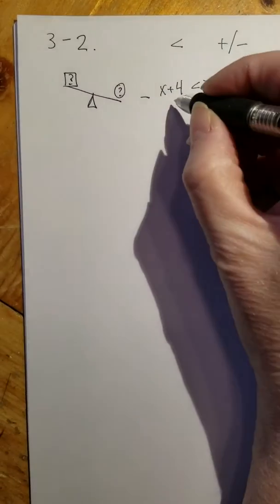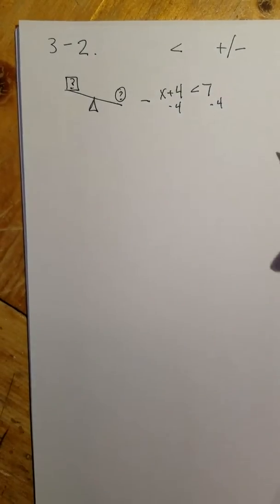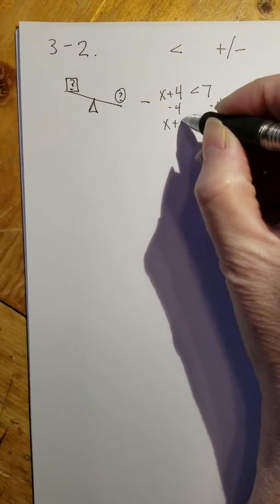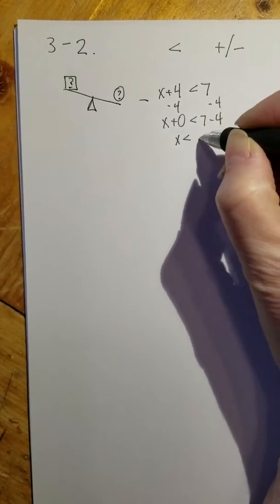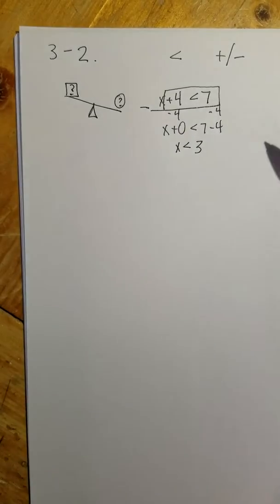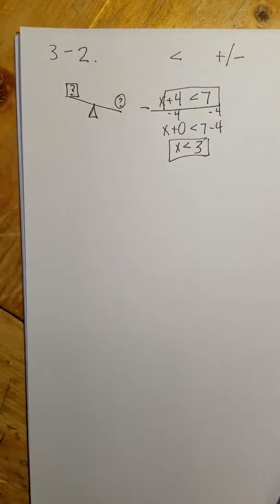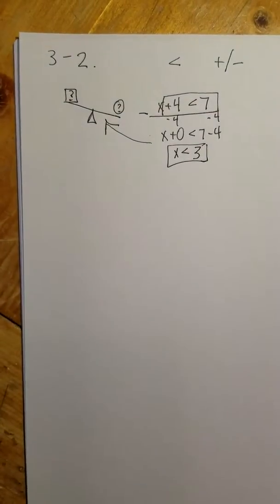If I were to subtract 4 from both sides, what do I get? X plus 0 is less than 7 minus 4, which means x is less than 3. This is equivalent to this. We have the exact same inequality.